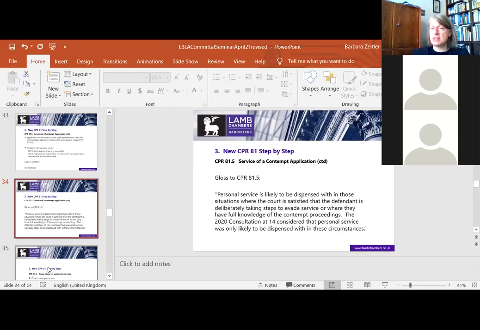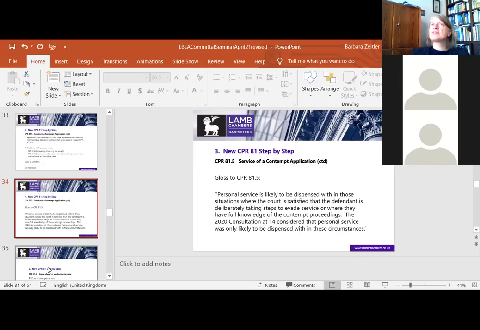And in those circumstances, the judge, where it was quite clear from the evidence that we had put before the judge, this was a deliberate attempt to evade service.